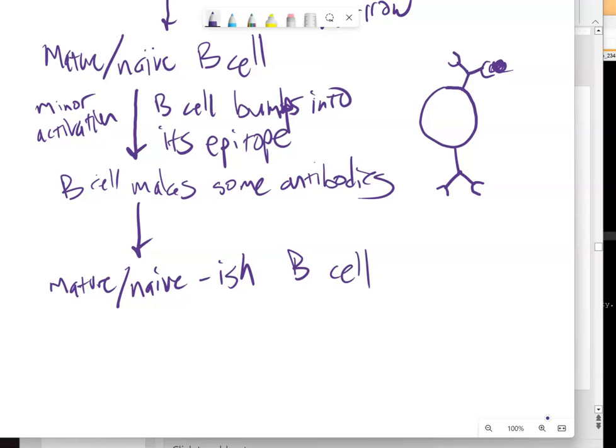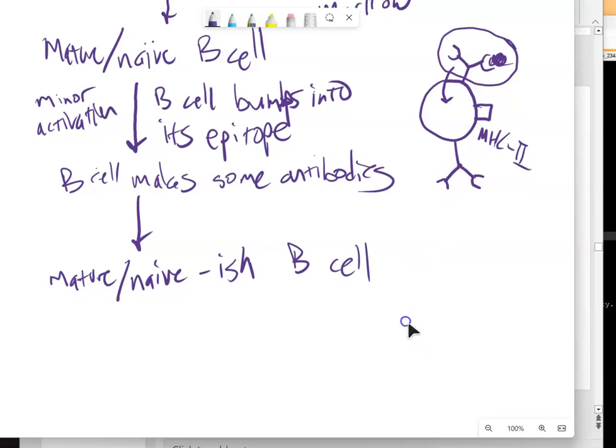So it's not really naive, but it's also not activated. What it needs to do is perform phagocytosis on this whole thing and process it, and then display parts of it on MHC2 to a certain type of helper T cell, which you should be able to tell me. That's what it needs to do.